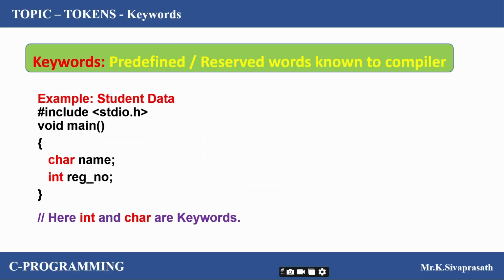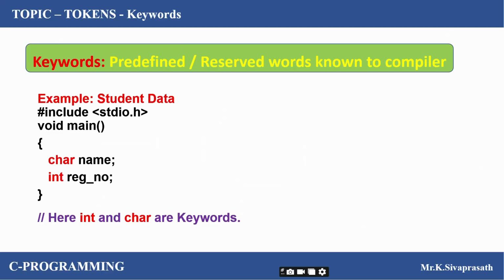Now coming to the keywords. Keywords are the predefined reserved words that are known only to the compiler. Let us take an example of students data in programming. The programmer is supposed to include the name and register number of the student within the program. Now he will be choosing certain keywords, so-called char and int, which represent character and integer.